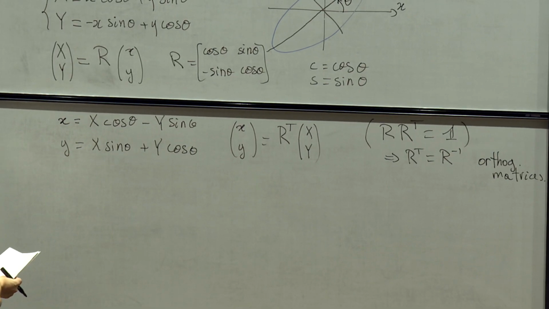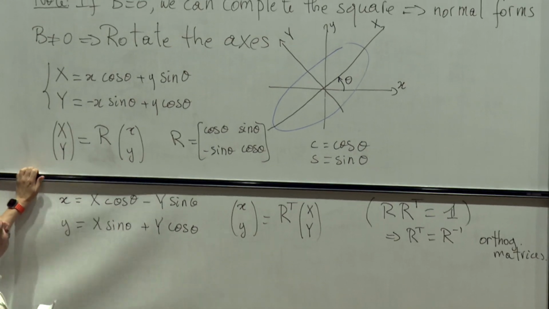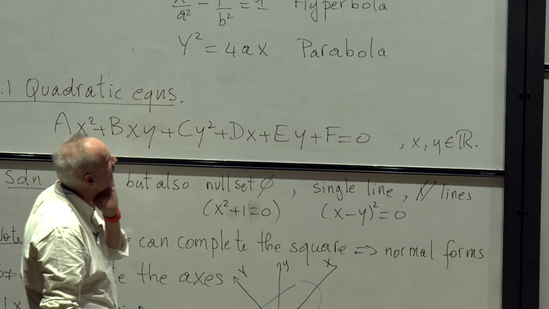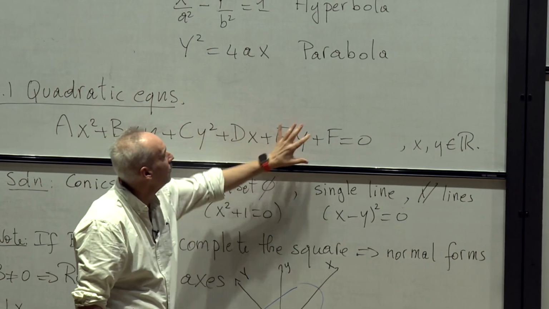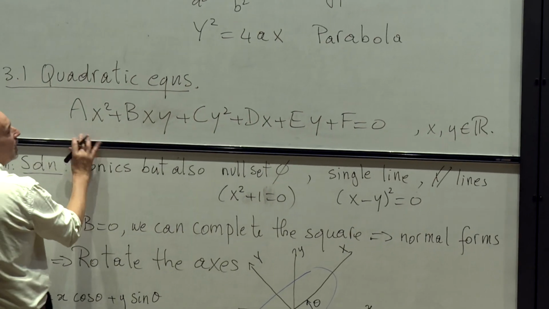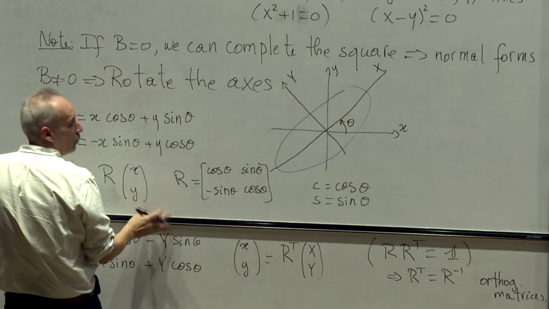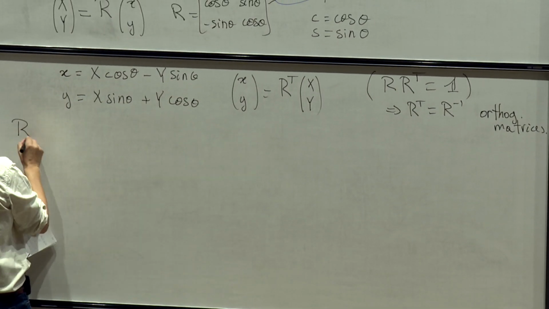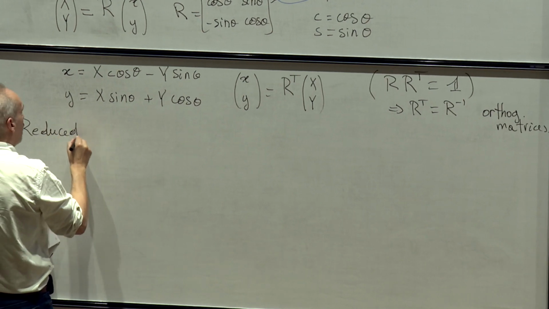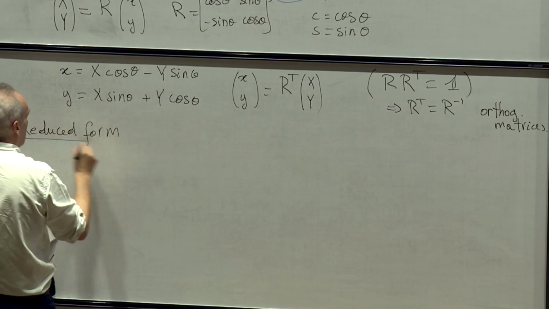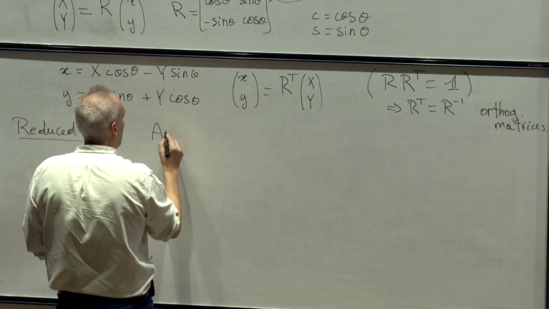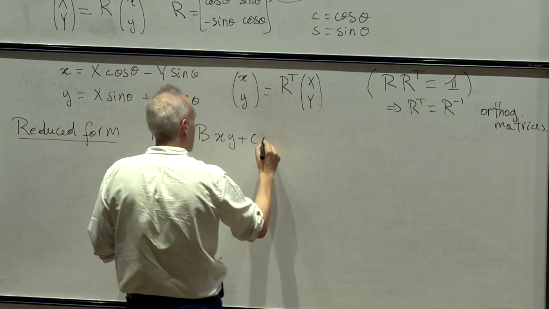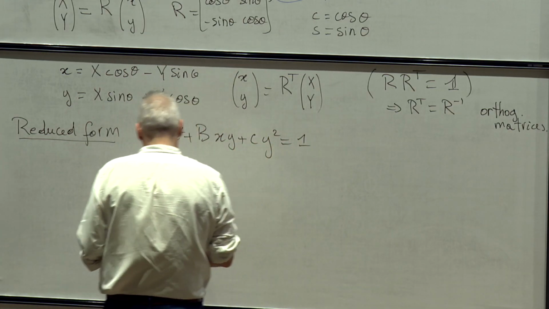Now, I want to do that rotation, but I'm not going to do the general case. I'm going to assume that we've already done a translation that gets rid of x and y in the particular case where we don't have a parabola. I'm going to do a particular case, called the reduced form, where we've already done a translation, where we obtain ax squared plus bxy plus cy squared equals 1.